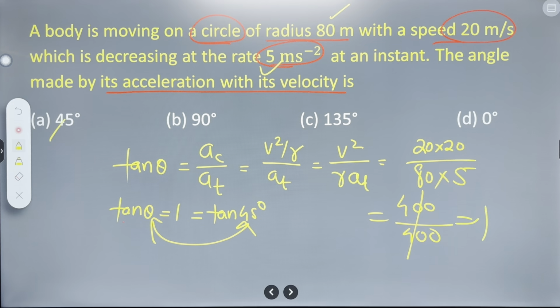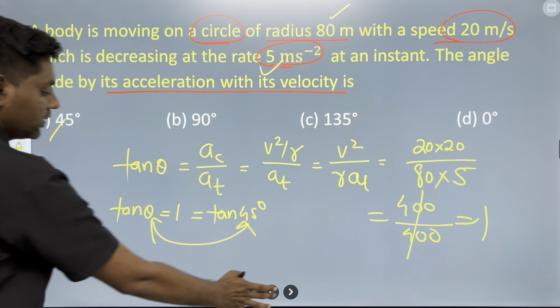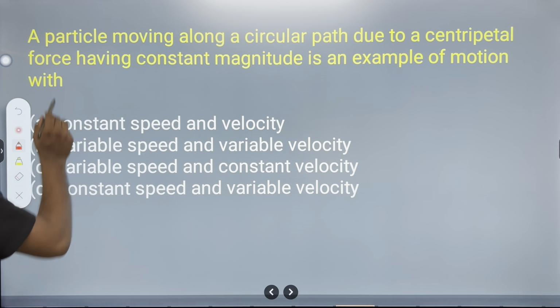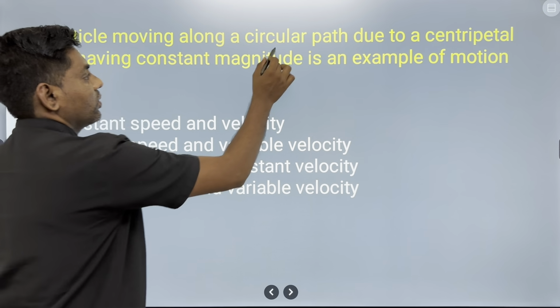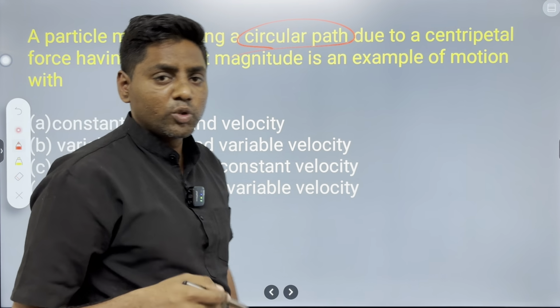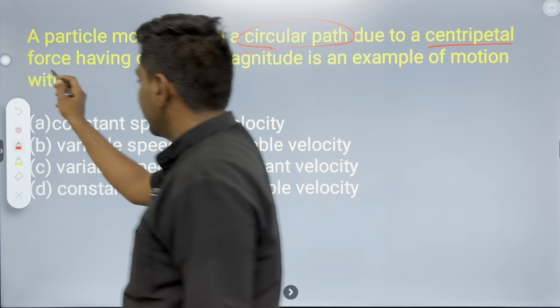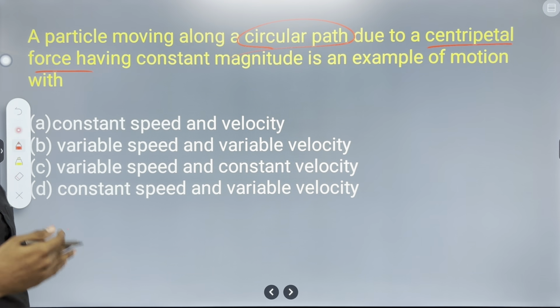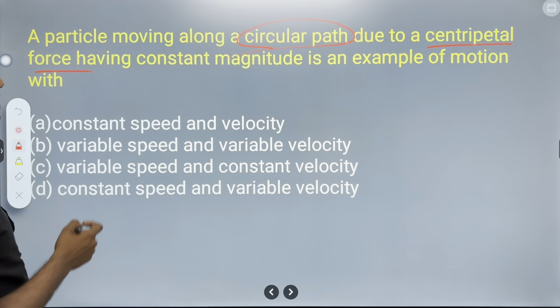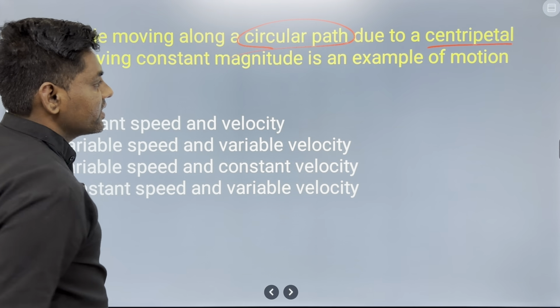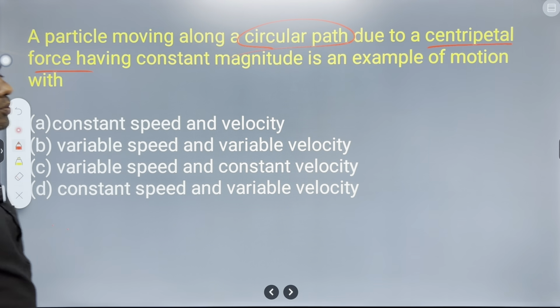Take the screenshot. We go for the next example. The particle is moving along the circular path, performing circular motion due to centripetal force. Definitely centripetal force is necessary for performing circular motion. Constant magnitude is an example of motion with... Very simple.